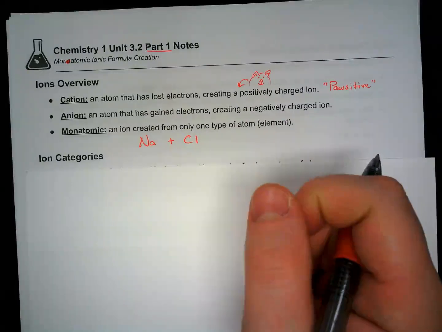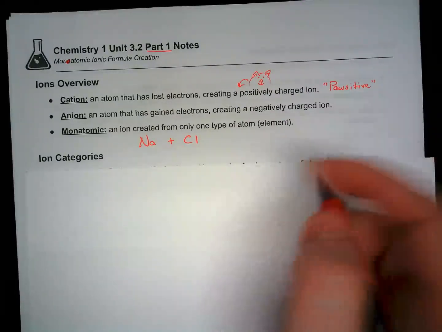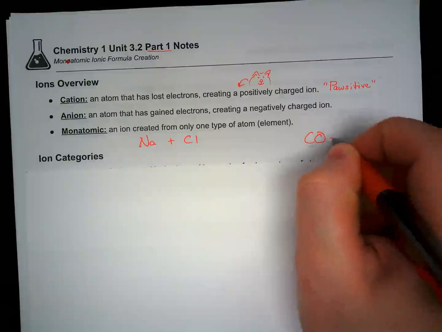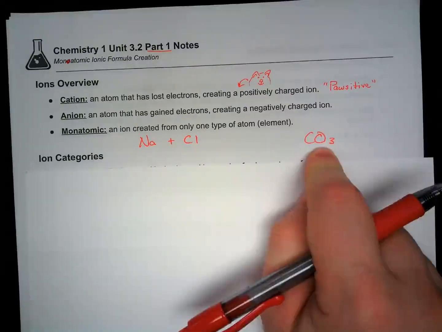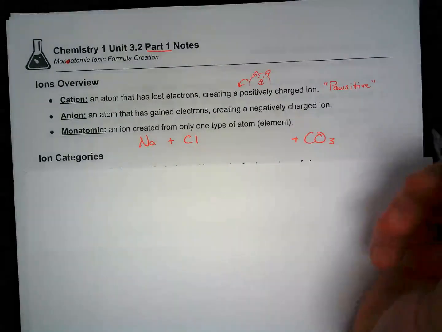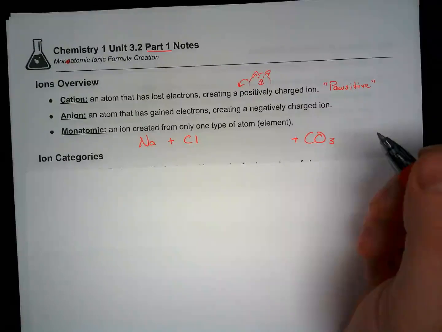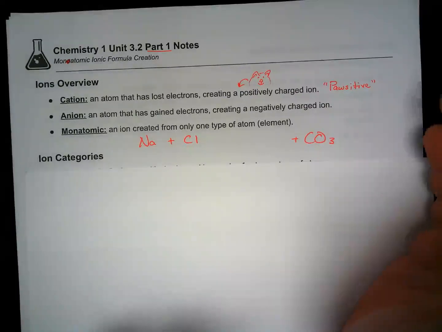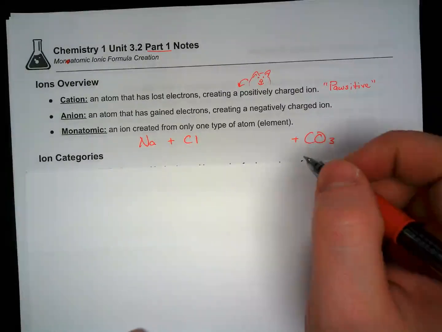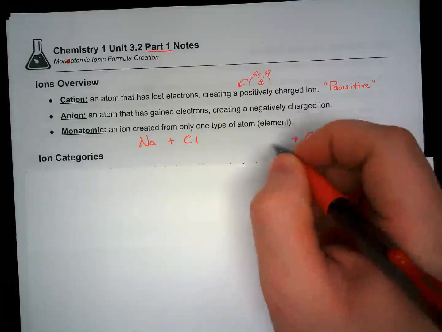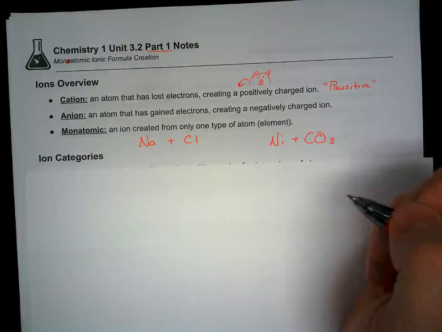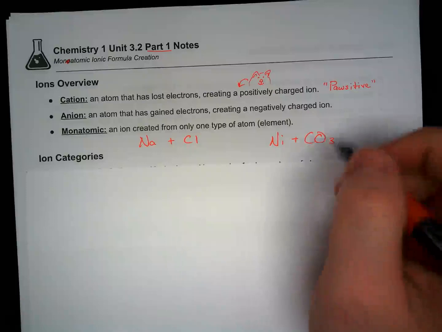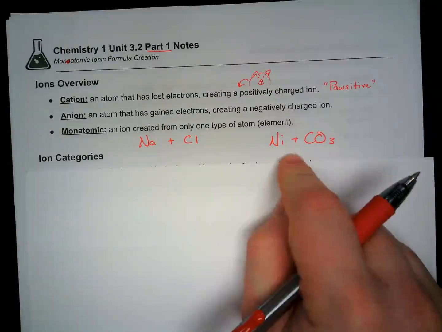Okay, because we're going to be getting into stuff later on with polyatomics, where you have something that may look like this, where you've got carbon and oxygen, but then it's being bonded with, just off the top of my head, a metal, say nickel.